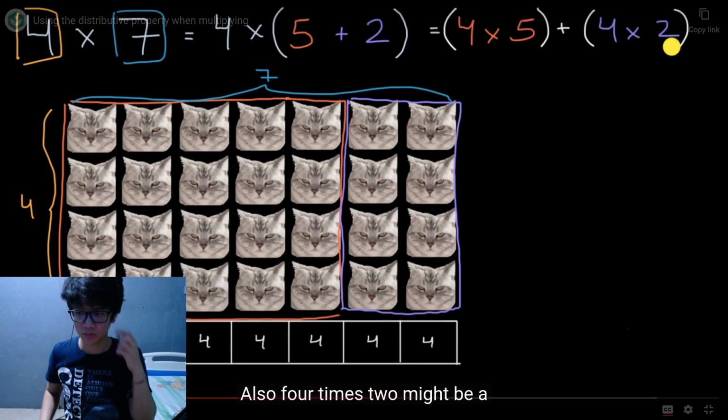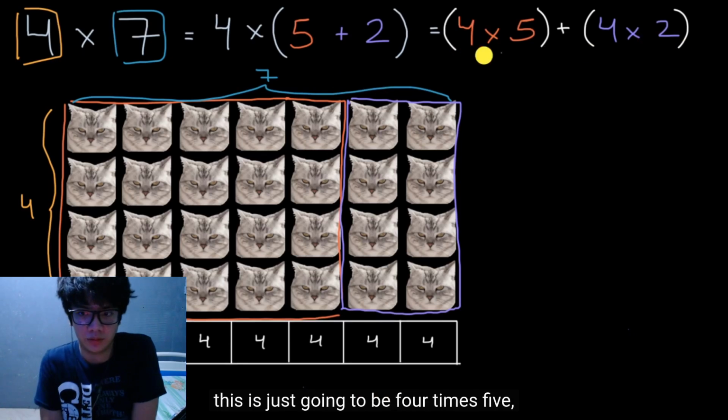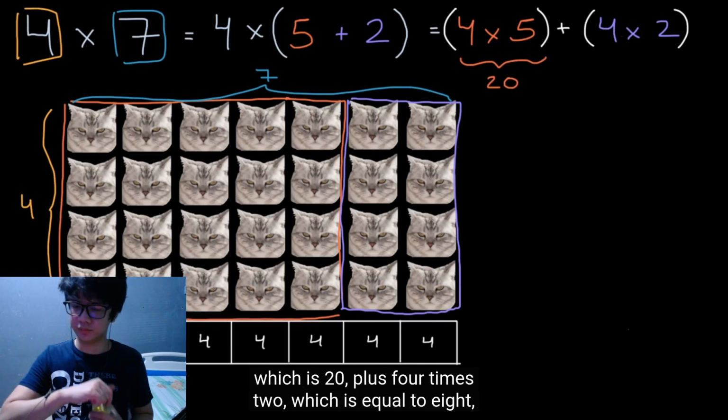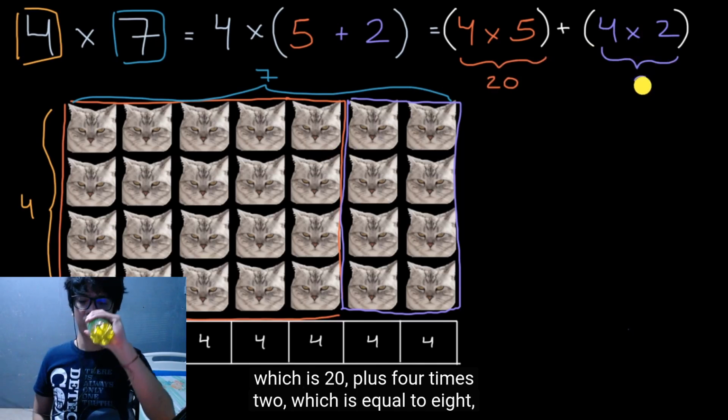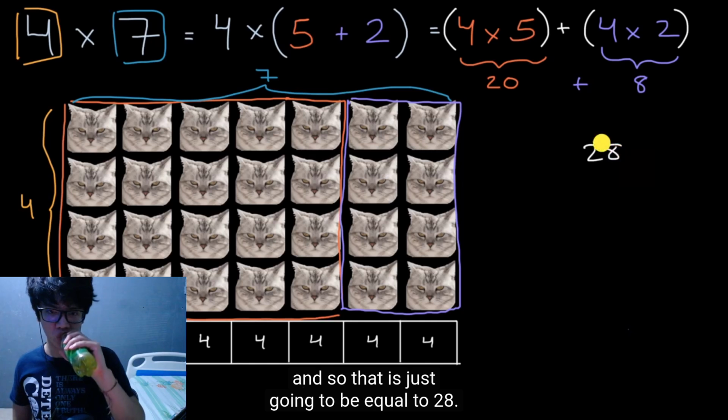Also, 4 times 2 might be a little bit more straightforward. And so it could be easier to say, hey, this is just going to be 4 times 5, which is 20, plus 4 times 2, which is equal to 8. And so that is just going to be equal to 28.